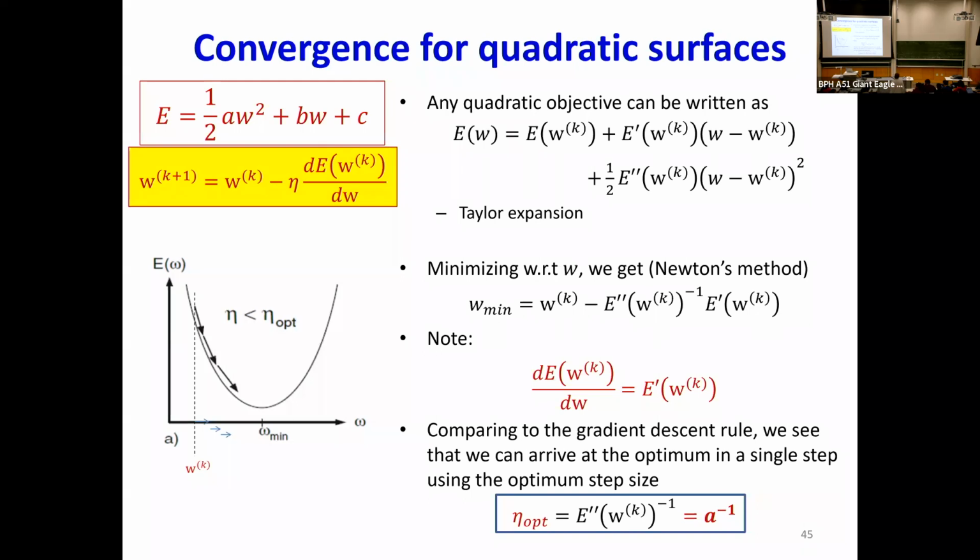So if I take the derivative and equate it to 0, this is the equation we got, which gives me x equals x naught minus f prime of x naught divided by f double prime of x naught, right? So this is the solution we got, which is like saying eta equals 1 over f double prime of x naught.